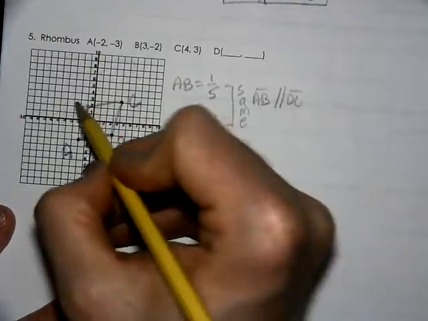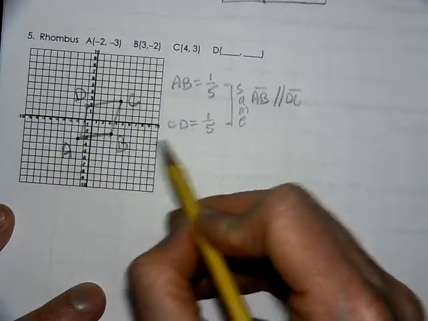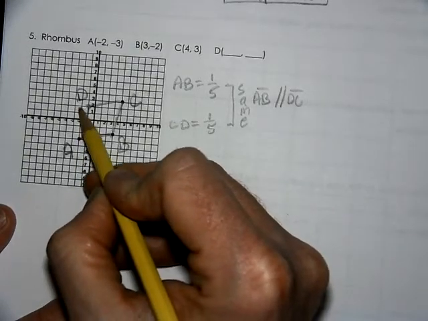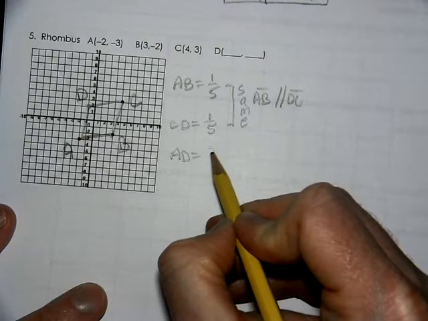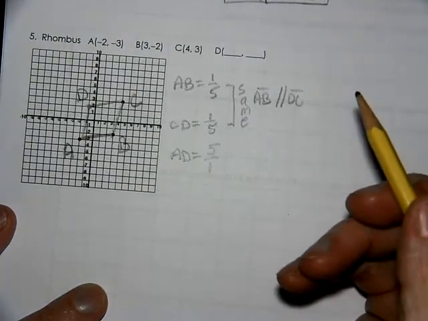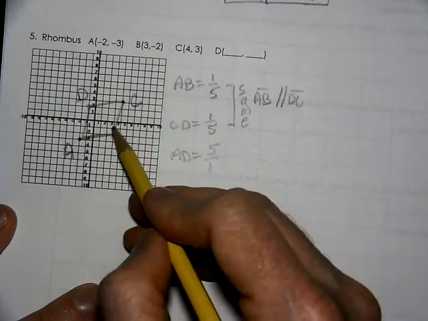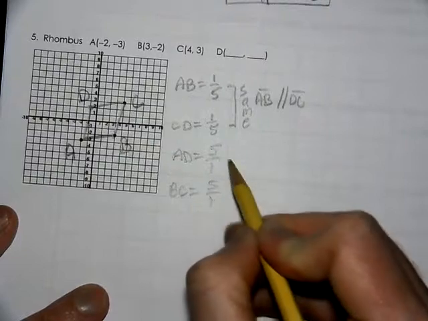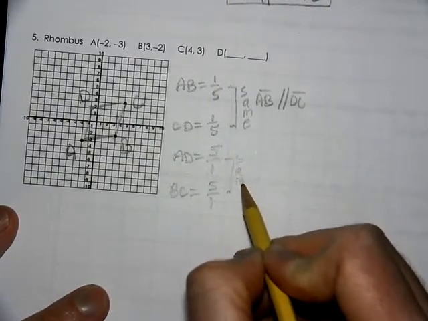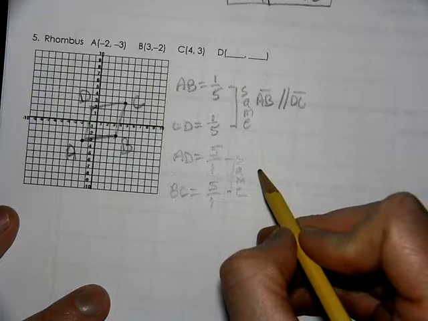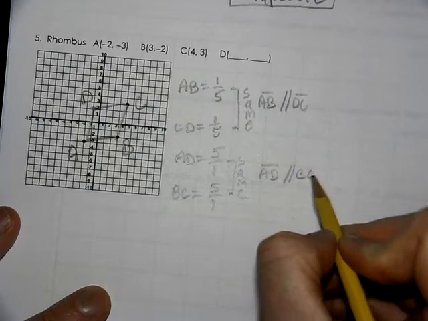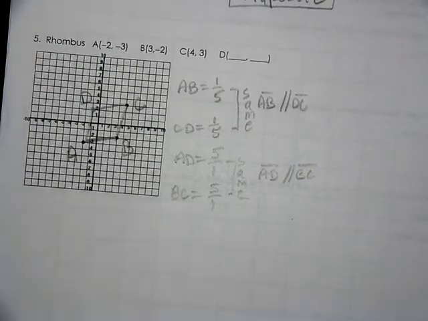We also have AD, rise over run, and BC, rise over run. Those are the same. So AD is parallel to BC. So we know from here we have two pair of parallel sides.